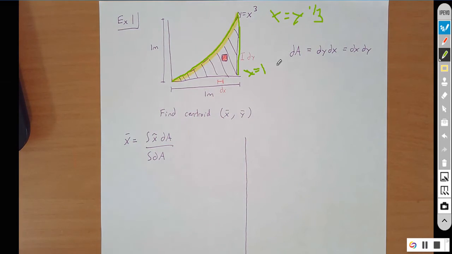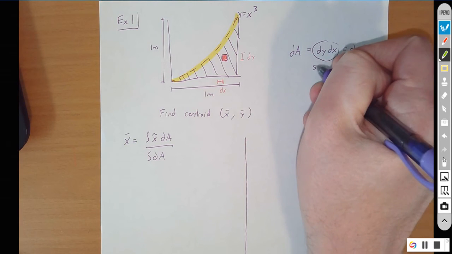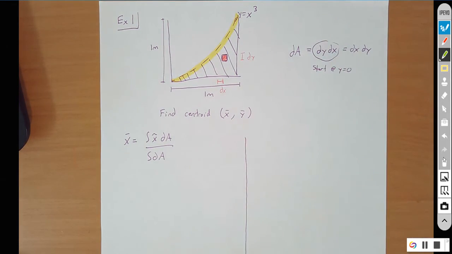I don't have a tablet. So given those options, I would much rather go from a 0 than from a variable to a constant. So I'm going to go with dy dx first, because we get to start at y equals 0, which is nice. Again, that's the initial line.